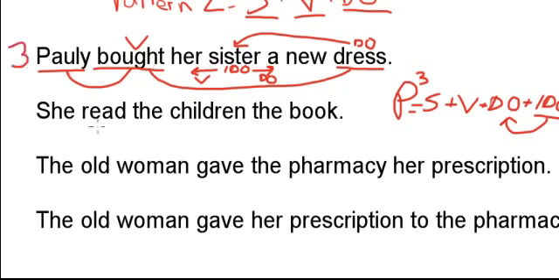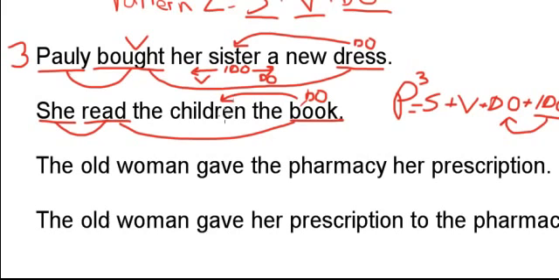Let's look at this one. She read, so our simple subject, simple predicate, what did she read? She didn't read the children, she read the book. So there's our DO. Who received the book? The children. The children's the IDO. And look at it, it is falling between the verb and the DO. That's where an IDO belongs. That is also pattern 3.